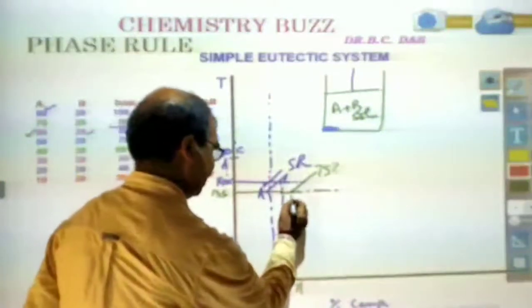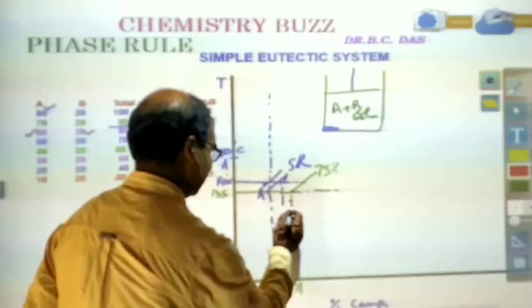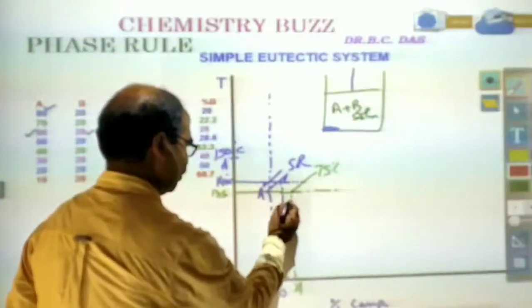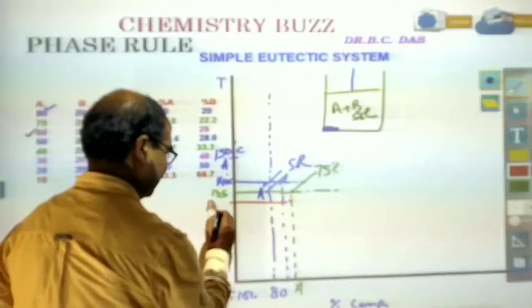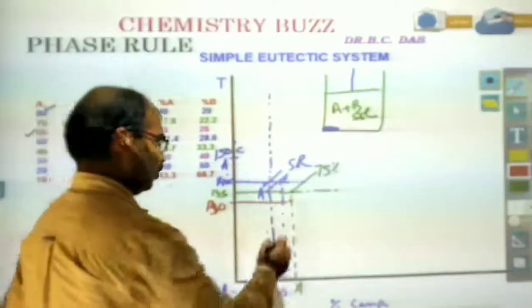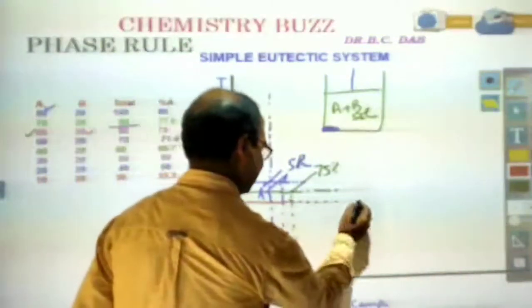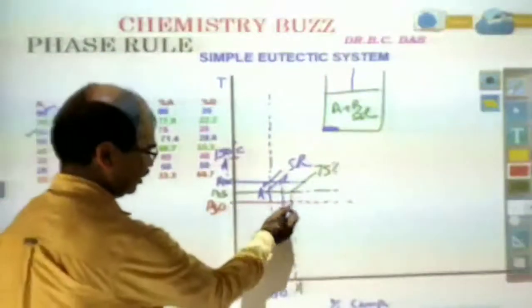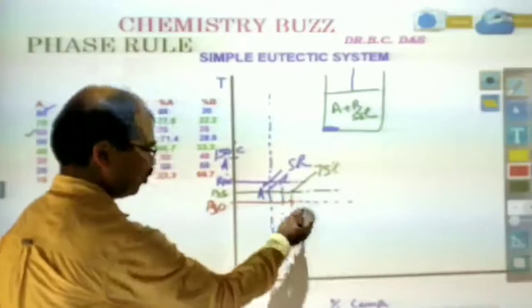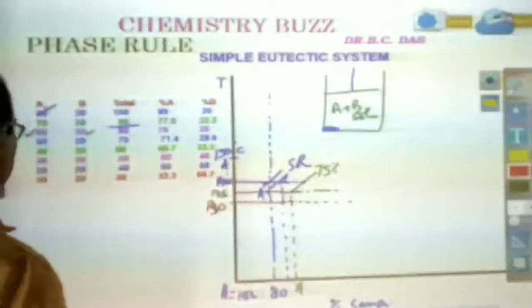So the freezing point is somewhat here, and some amount of solid will form, say at 130 degree centigrade.